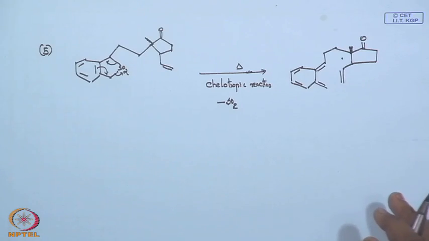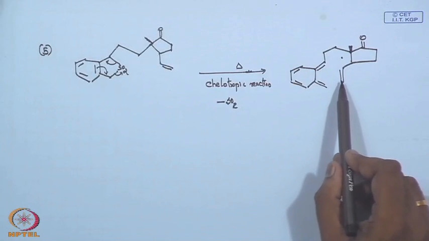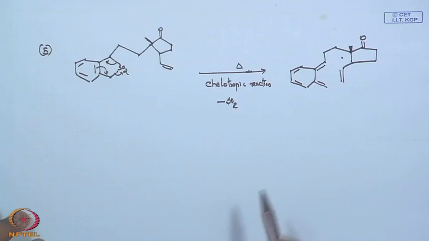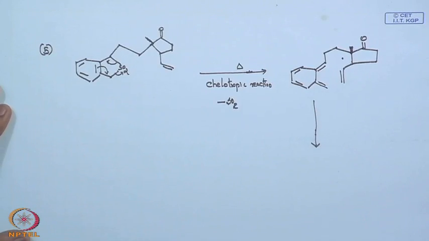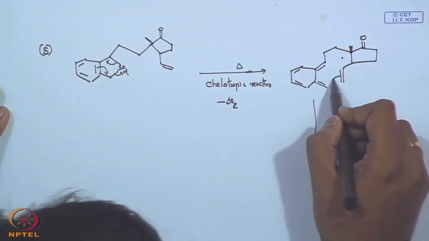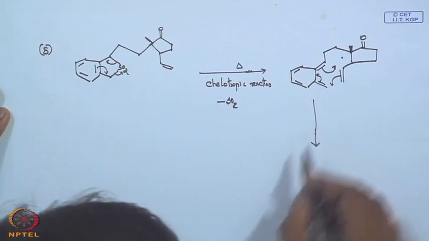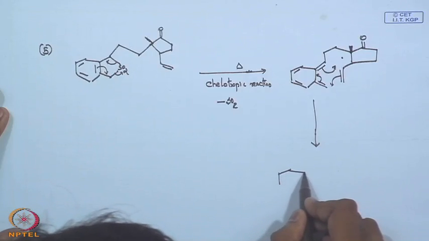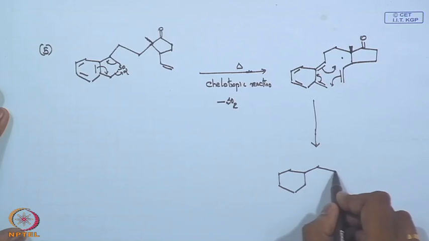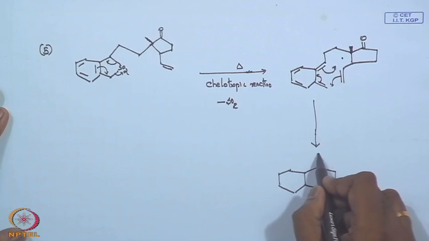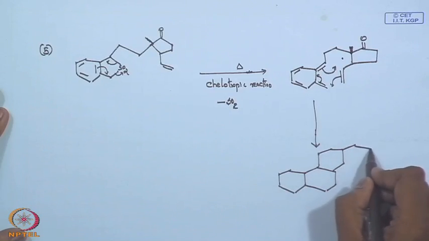In the previous case, same example, same thing, but now if you see, you will have A, B, C, D rings. Now, you know that it undergoes a Diels-Alder type of cycloaddition, ring closure reaction, to give you the final product.